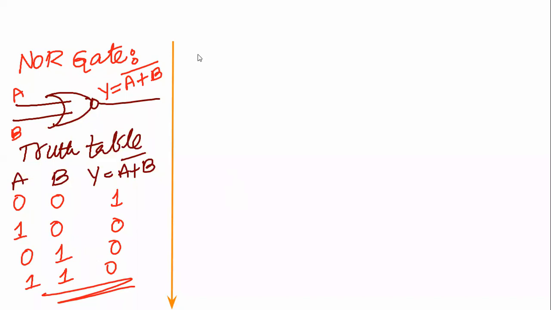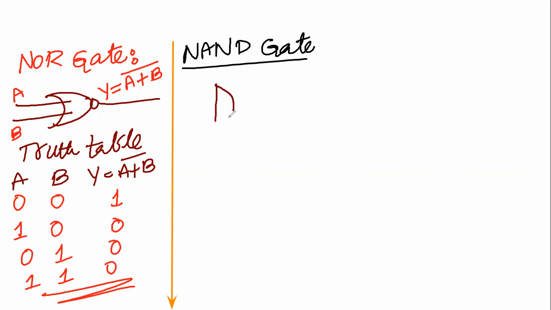Next, the NAND gate, NOT AND gate. NOT AND gate is called the NAND gate. For the AND gate, if you add the NOT gate, it forms the NAND gate. A and B, then output will be Y is equal to A into B complement.